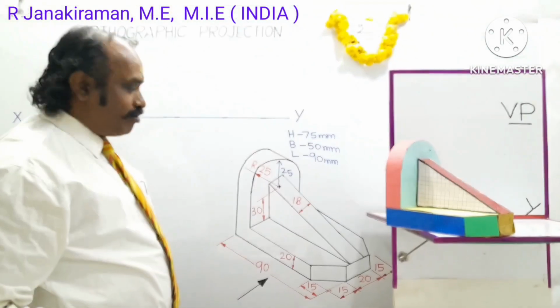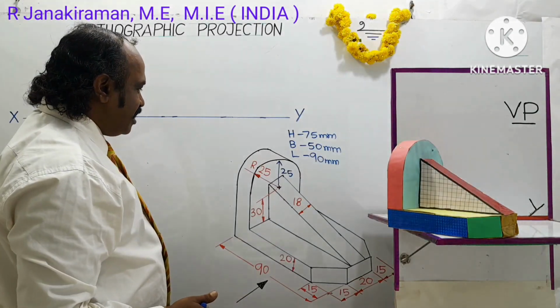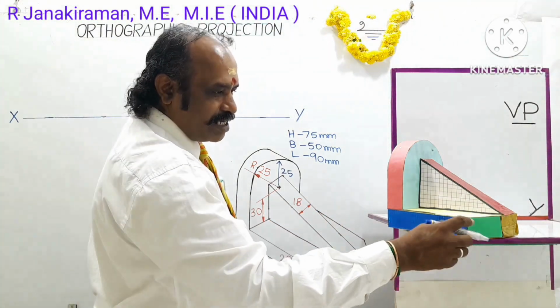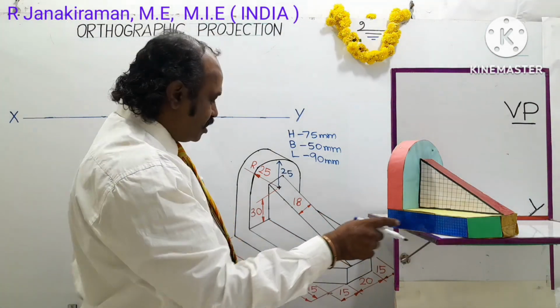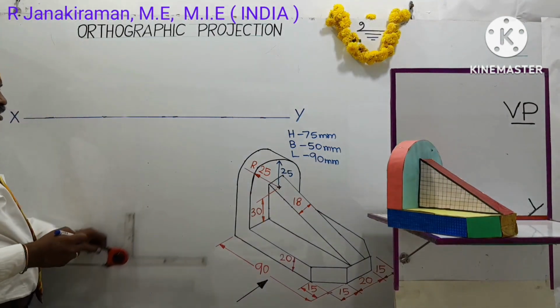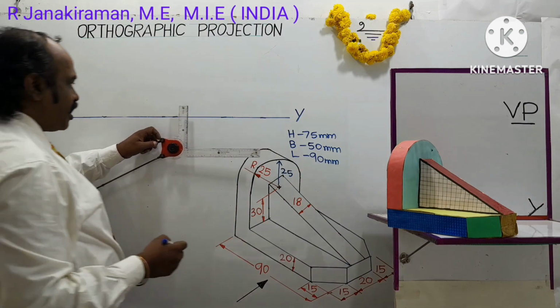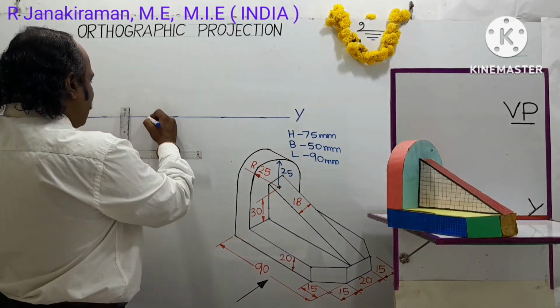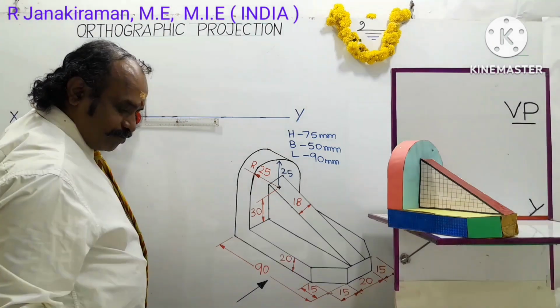So look onto that one by one. First we consider the length of the object is 90 mm, including the green part and this blue color part. Draw one reference line called the XY line using the longer scale of your drafter. Somewhere on this XY line, mark a point and draw a horizontal line using your HB pencil.